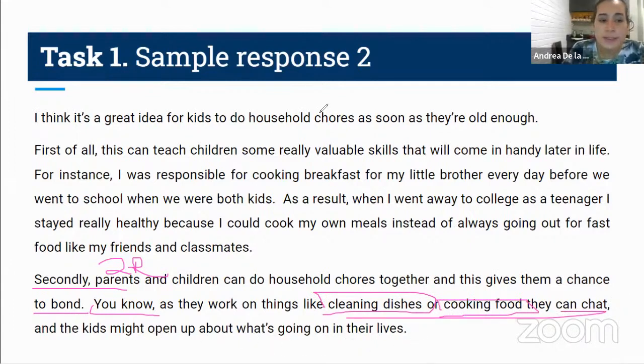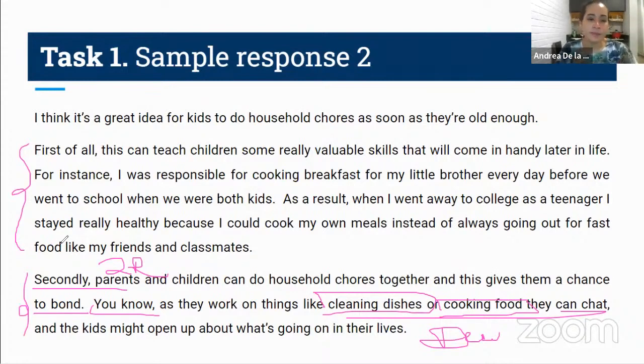So the second example is simpler than the first one. It's just like an explanation with more details, but it's fine. Why? Because he already used enough details, enough examples, enough grammar in the first one. So the second one is fine if it's short, if it's not that complete, that explained, or that detailed.